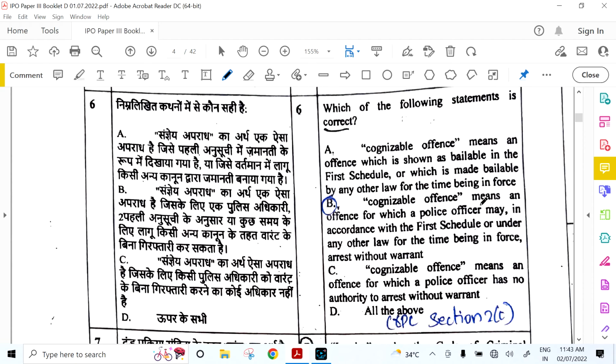Cognizable offence means an offence for which a police officer has no authority to arrest without warrant. Under Section 2C of CRPC, B is correct. That is, cognizable offence means an offence for which a police officer may, in accordance with the first schedule or under any other law for the time being in force, arrest without warrant. So, arrest without warrant is the meaning of cognizable offence.